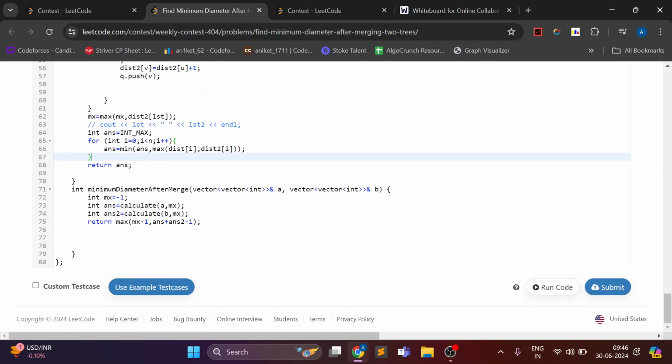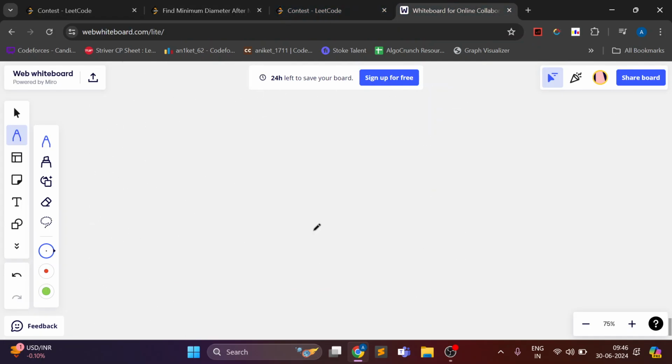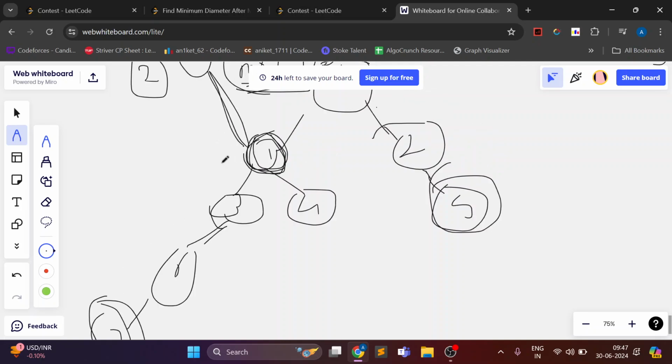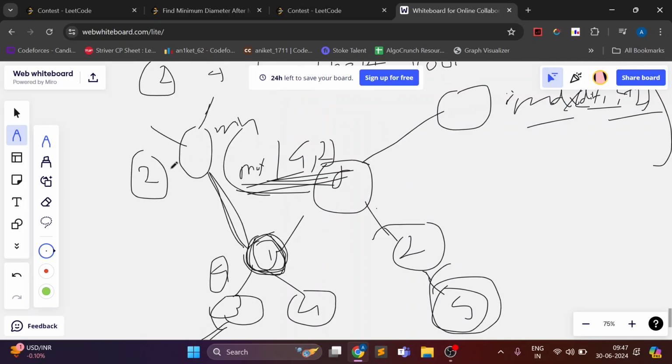Now one of the answers would be the sum of both the values minus 1. Let's say for the first tree, according to my answer it would be 4 for one node, and for the second tree it was coming out to be 3.